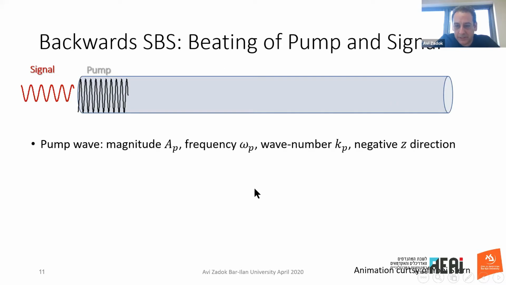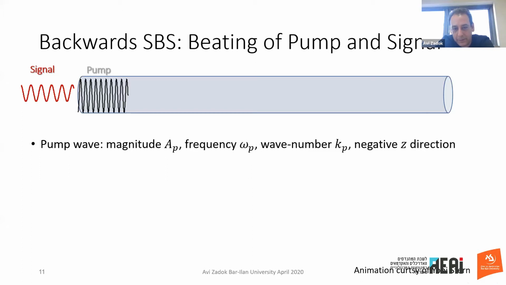If we wish to describe that wave technically, then we will speak of a magnitude, we call it A pump, an optical frequency, omega pump, and a wave number. Wave number is how many spatial periods there are; it's the inverse of wavelength. We call this K pump. And this disturbance is propagating from right to left, in the negative Z direction along the fiber.